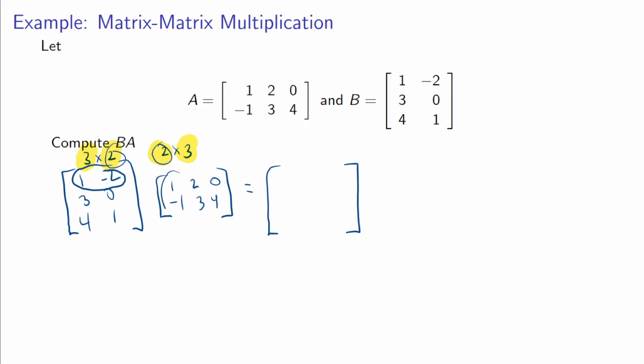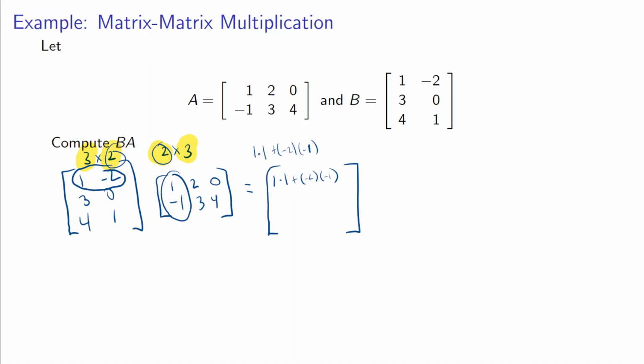So that will end up being, in this case, 1 times 1 plus -2 times -1. Okay, and that's a lot of stuff to go in that position. So maybe I'll write that down up here. So 1 times 1 plus -2 times -1.